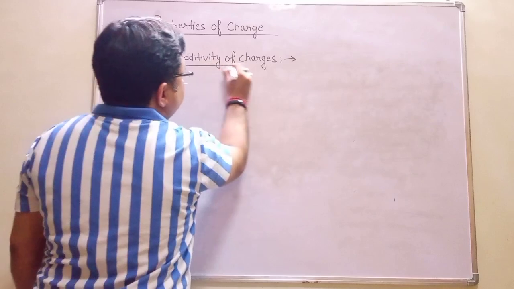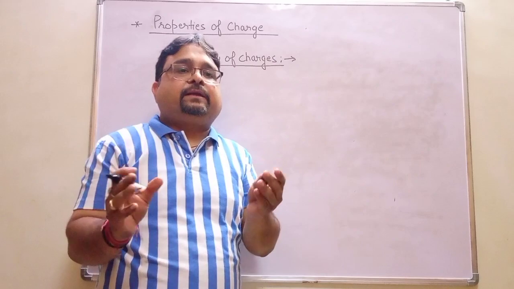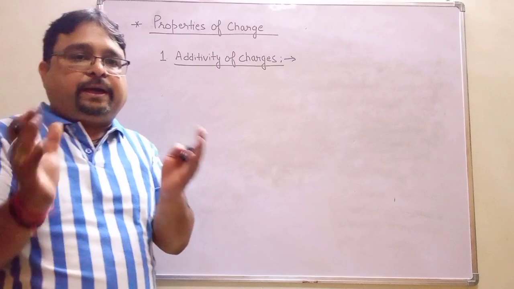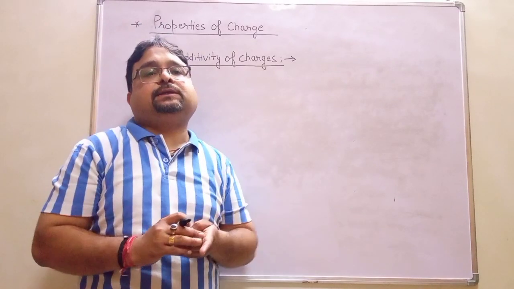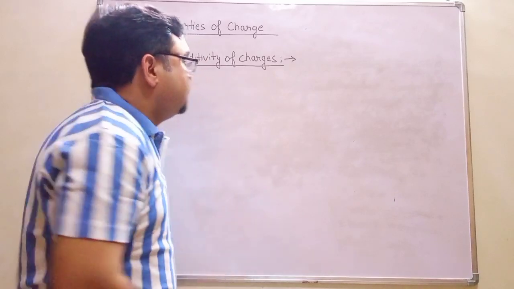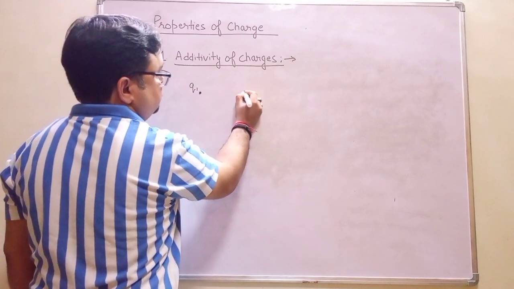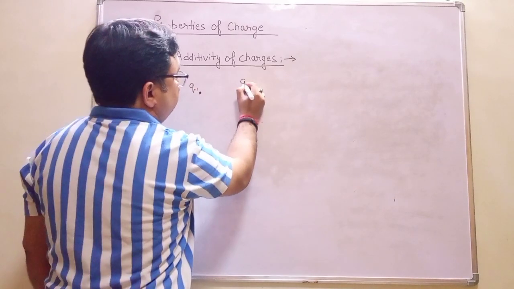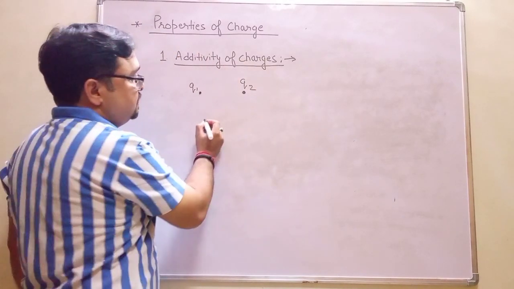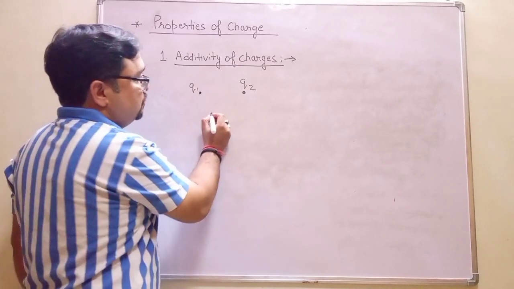In this property, the charges, whether they are 2 charges, 4 charges, or 5 charges, if you want to calculate the total charge of any system, then you can algebraically add all the charges of the system. Suppose we have a system in which we have 2 point charges, very small. Point charge means very small. We want to calculate the total charge of this system, then we can algebraically add both the charges to calculate the total charge.